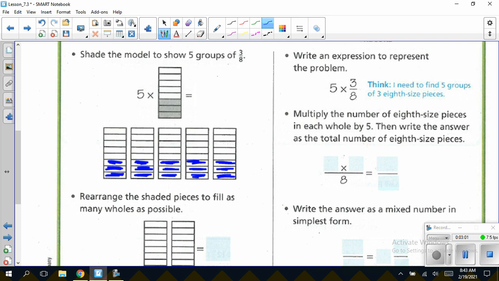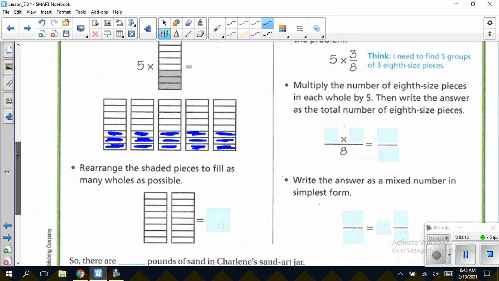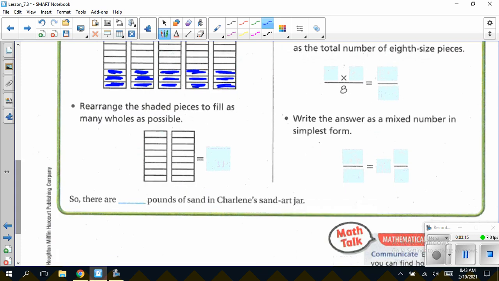So now, if I rearrange these shaded pieces, I see that I have 3, 6, 9, 12, 15 total sections shaded in from those 5 rectangles. So if I rearrange this to fill in as many possible to see if I have any full bags or a partial bag, obviously if there are 15, I would color in the entire first rectangle because there are 8 sections.